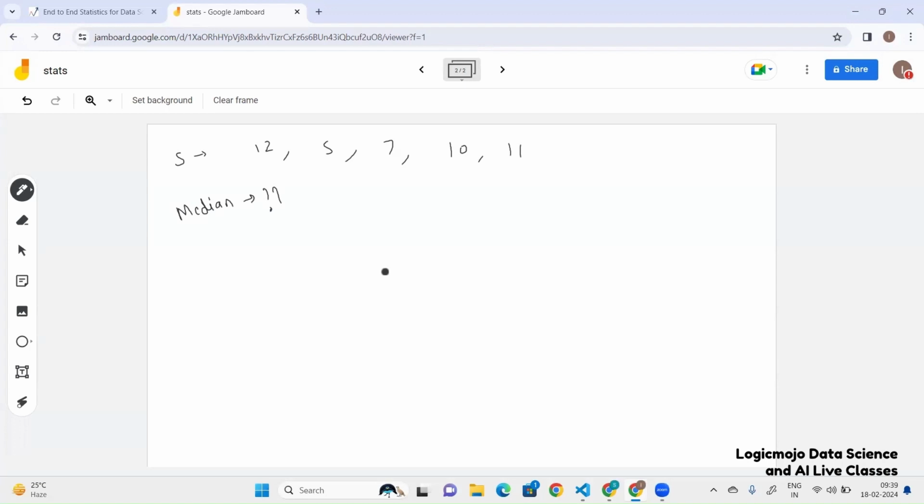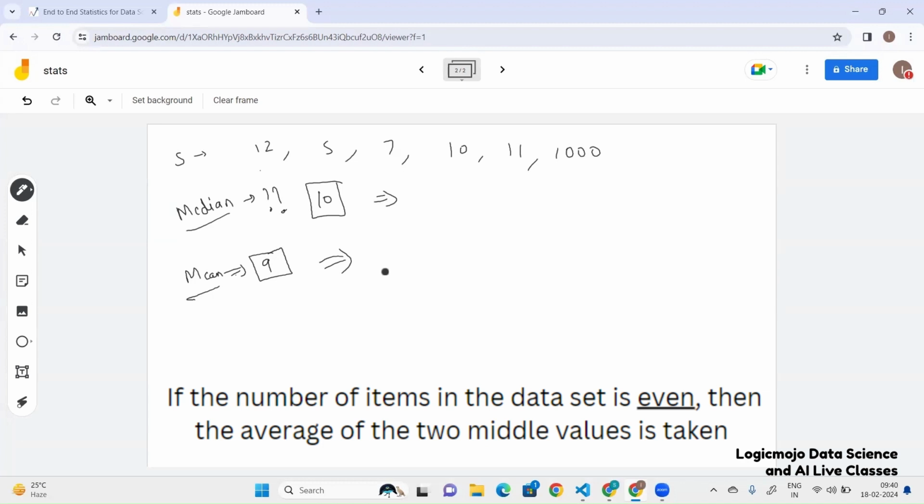Very good. So this step is important: you have to sort. Do you know how to calculate the median if we have two middle values? Like these are even numbers, 6 values. So how will we calculate the median? Take the center two values and divide by 2. That's it, that's correct.